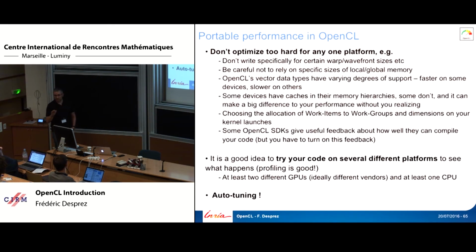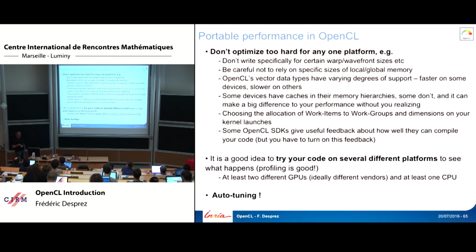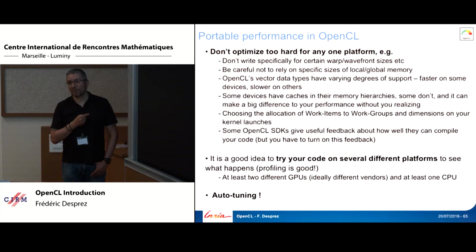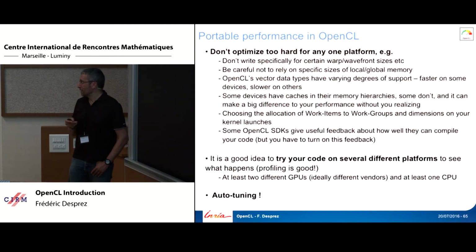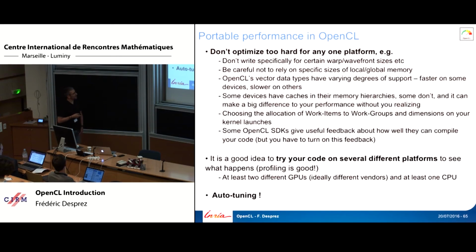That's what we do in the BOSS project: generating different codes, testing them with different dimensions, and generating the most performant code for given architectures. And so the best idea would be to try the code on different platforms and see what happens, of course using profiling or high-level tools if they are available, which is not the case for every platform.